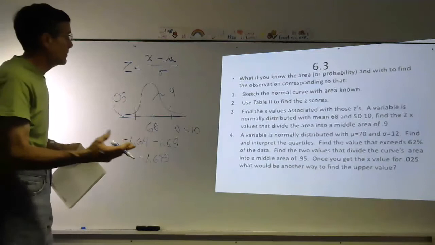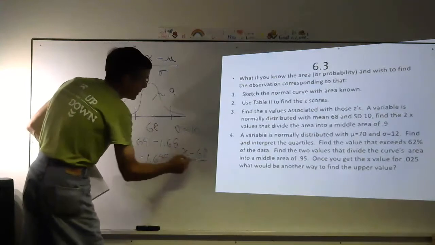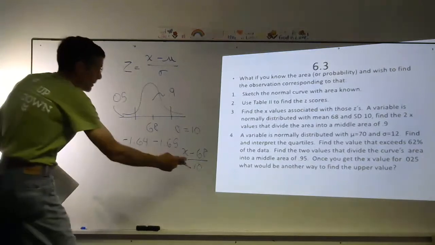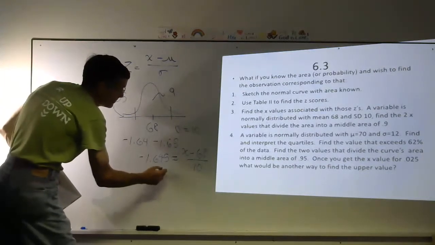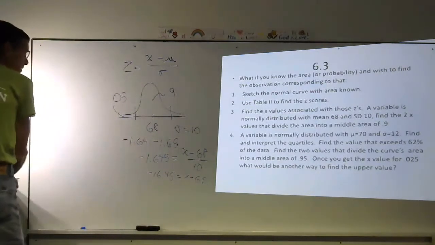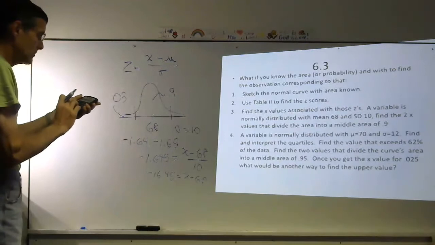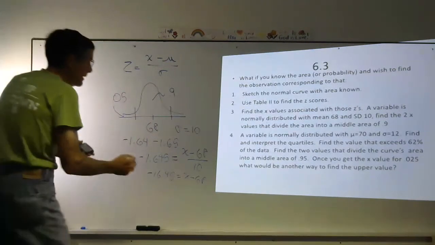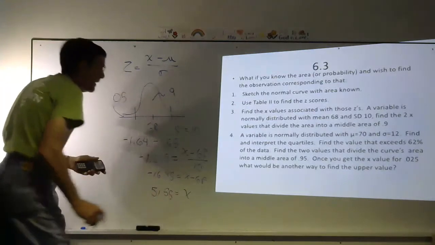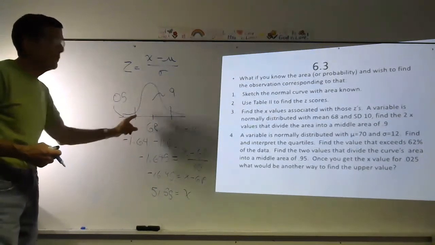Now let's find the data value. Don't we know that z is equal to x minus mu all over sigma, right? And you can solve that equation. Cross multiply: 10 times this is negative 16.45 is x minus 68. Add 68 to both sides. So I have 68 plus a negative 16.45, and I get my x value is 51.55. And notice, remember how we said the z values have to be between 1 and 2?